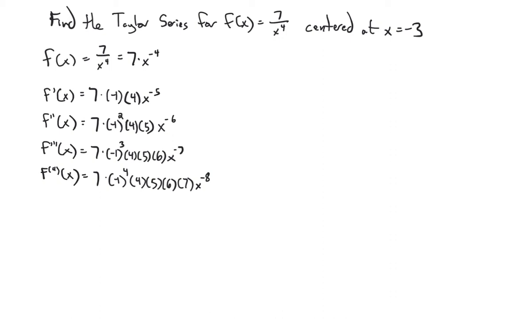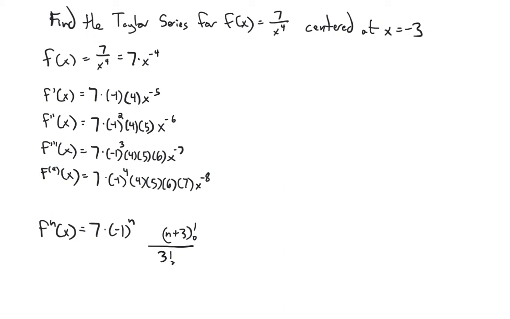So let's write down what we have. So the nth derivative is we have 7 times this negative 1 to the n. And then we want to go up to n plus 3 factorial. But we don't have the first few terms. We don't have a 1 times 2 times 3. So in some sense, let me get rid of those in n plus 3 factorial by dividing by 1 times 2 times 3 factorial.